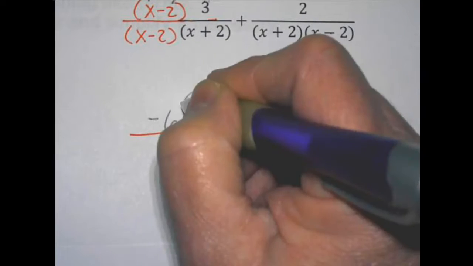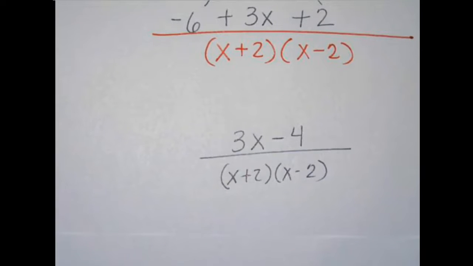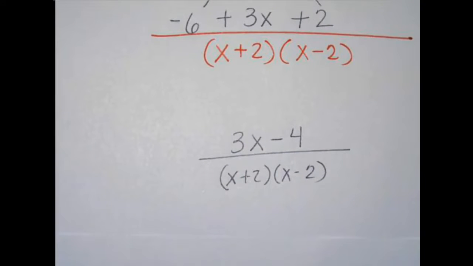And so this and this are like terms. They're both whole numbers. And so when I add those together, I'm going to have 3x minus 4 over the common denominator. This will not simplify and reduce anymore. That is your final reduced answer.